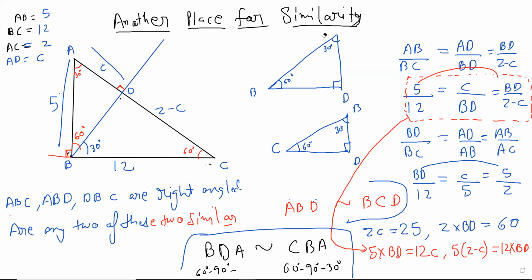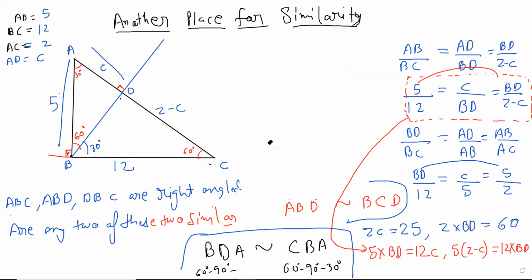What is our goal? Our goal is to get rid of the BD, and to find Z and C in one equation. So maybe we can take the leverage of these two equations and eliminate the D from these two.